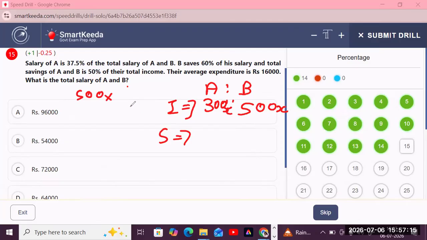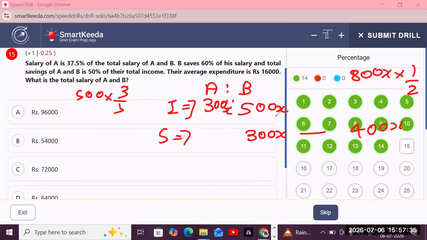50 into 3 by 5 मतलब सेविंग्स जो है वो 300x बी के और दोनों की जो टोटल सैलरी है, टोटल सेविंग्स ऑफ ए एंड बी इज 50%, 400x मतलब ये है 100x.